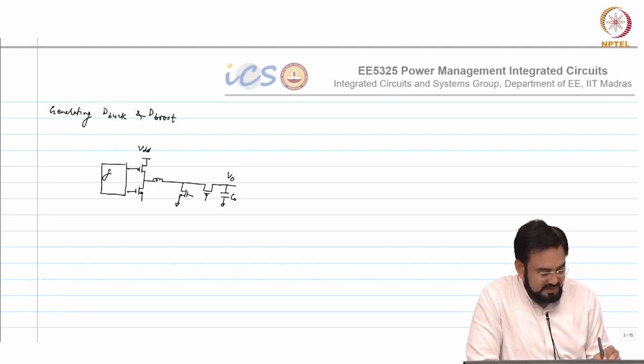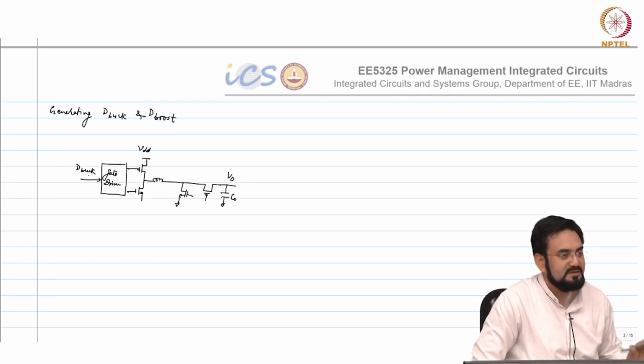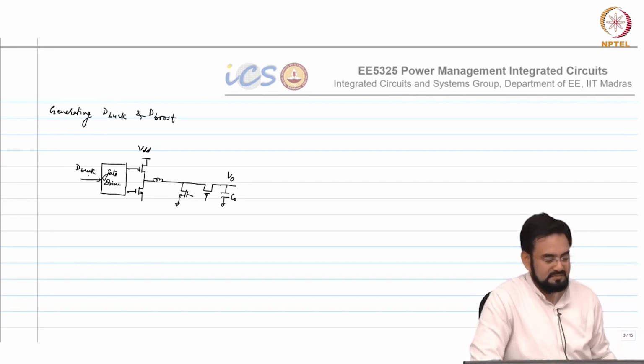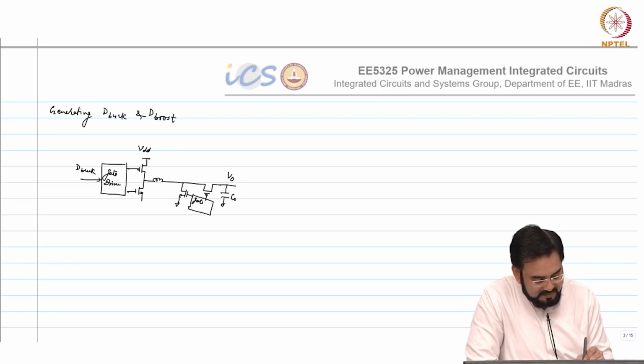So this is your gate driver. Dbuck is nothing, it's a clock with a duty cycle Dbuck. It's just nothing but PWM. This will also have a gate driver and this one will be the same.